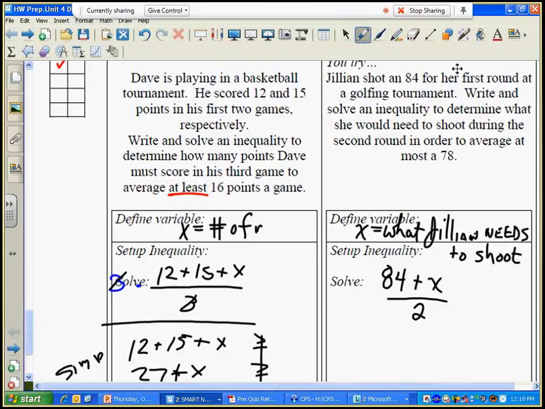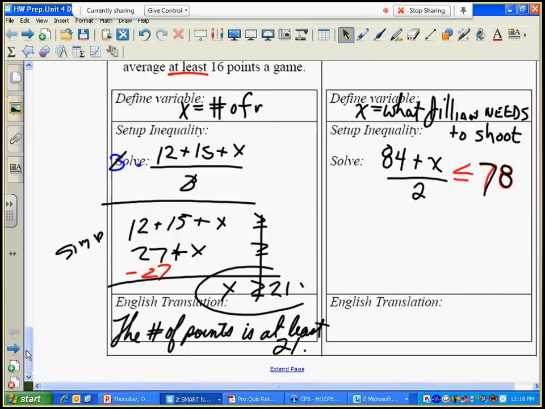Okay, well that at most, that is your ceiling. So it can be less than that or equal to that 78. Okay, so let's solve for x here. On these average problems like this, you're going to see that they divided away the 2 last, so we'll multiply away the 2 first. Okay, let's see what we got.